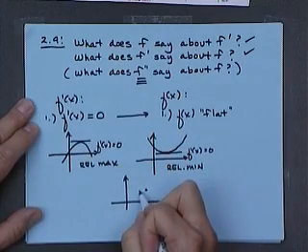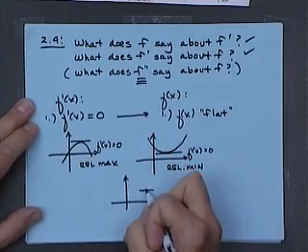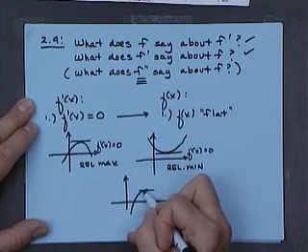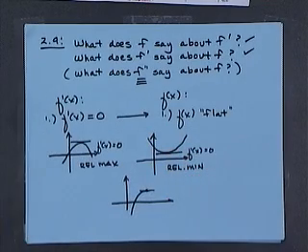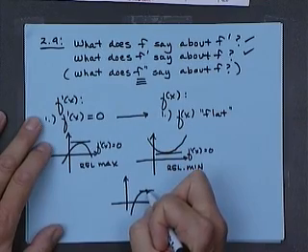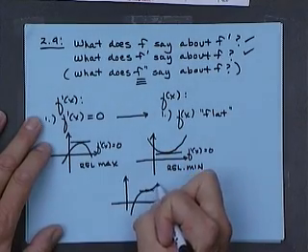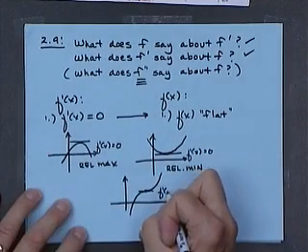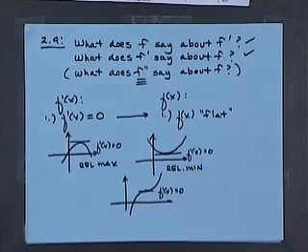Now let's say we have a horizontal tangent line right here. Let's say it's increasing into here, getting flat. It starts to get flat, and then in fact it is flat, and then it increases out of here, so it leaves here fairly flat. It's still possible to have a place where the first derivative is 0.